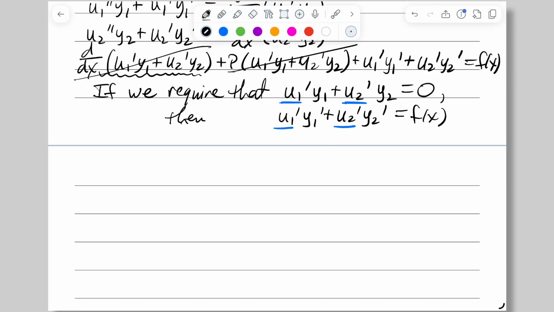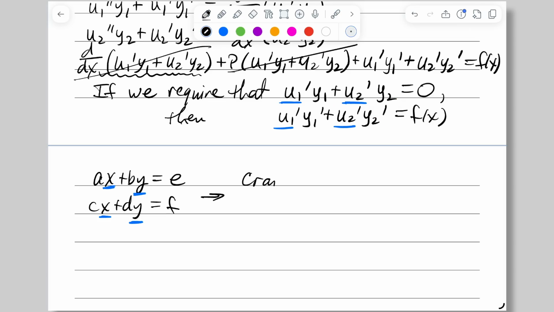Now, if we consider a system of equations, ax plus by equals e and cx plus dy equals f, then the connection here is that x and y are the unknown variables, just like u1 prime and u2 prime are the unknown functions in the previous conversation.